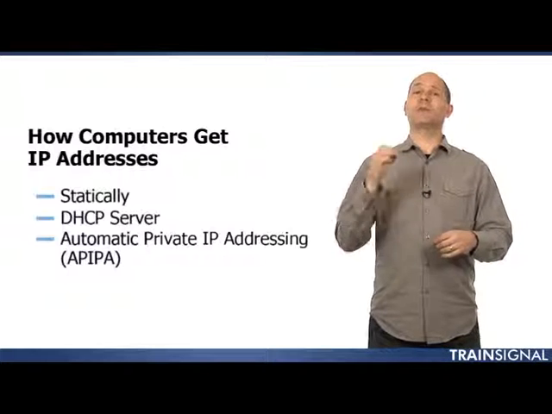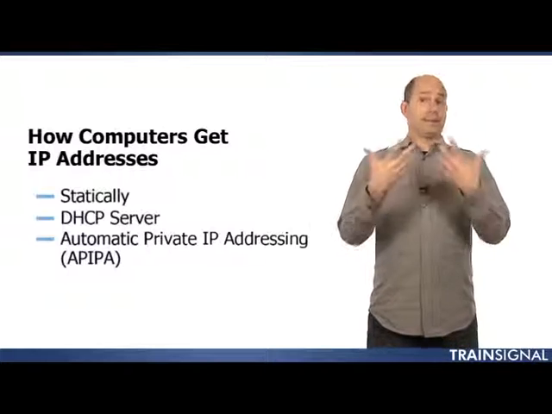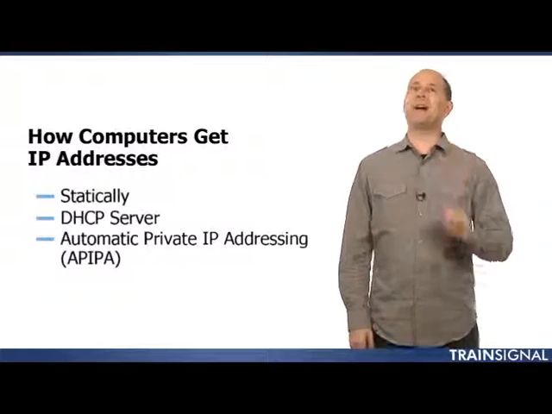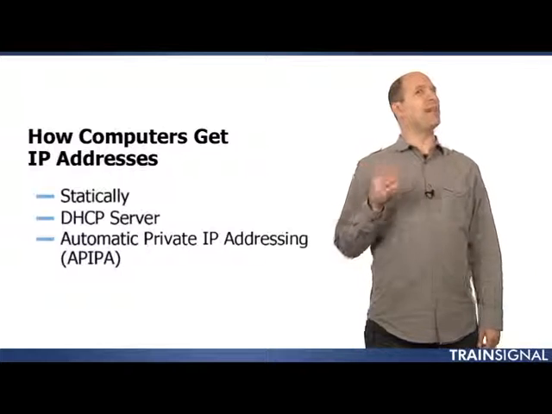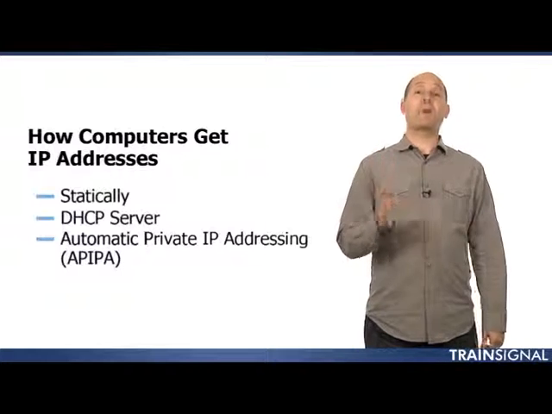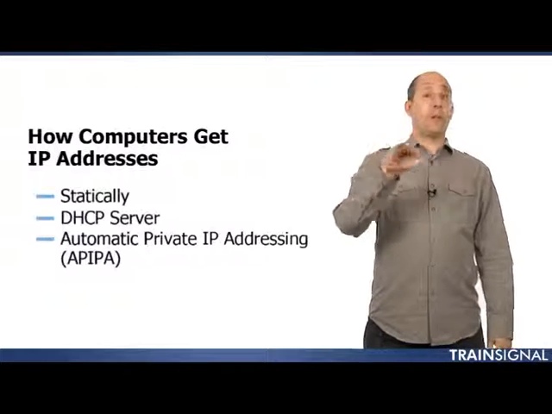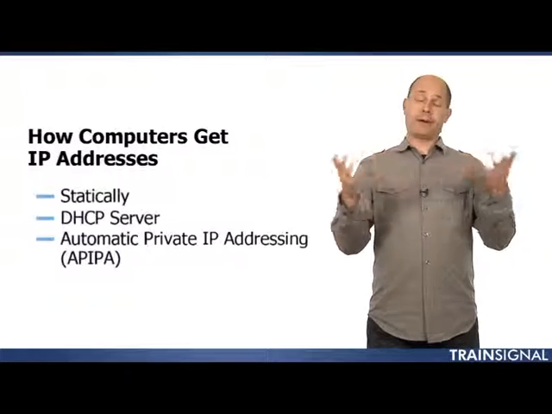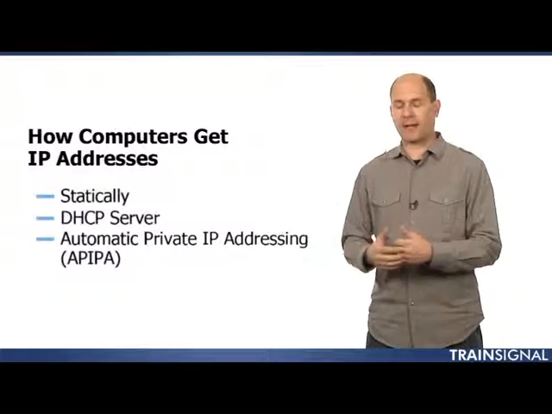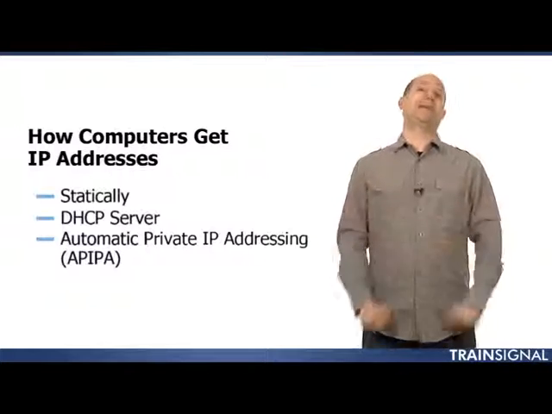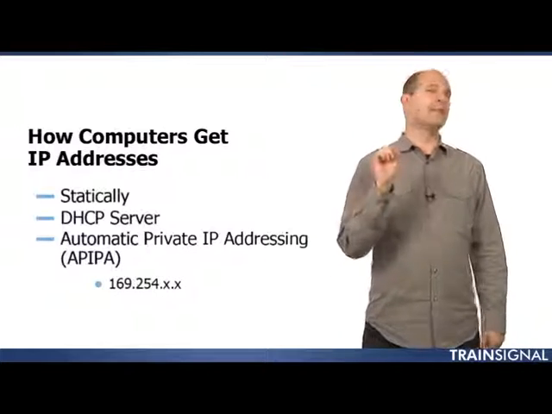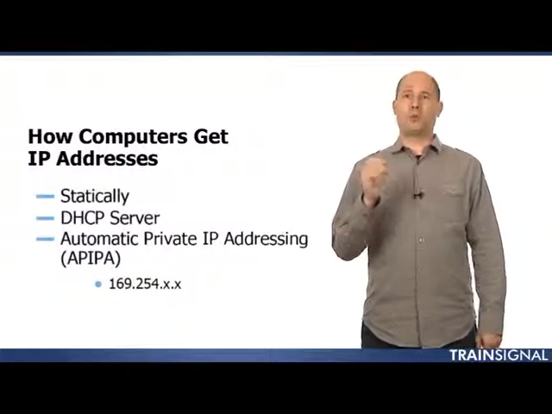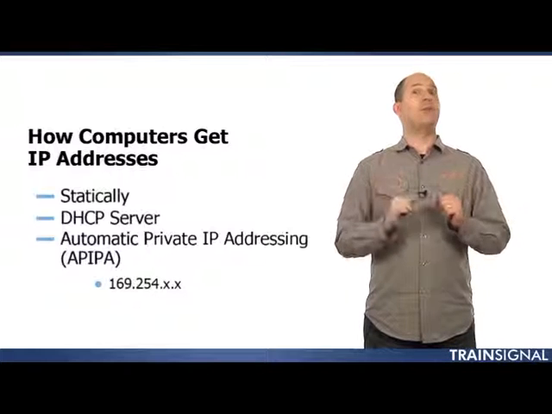And where this comes into play is if you have a computer that has been determined to get its IP address automatically, but there's not a DHCP server available to give that IP address, then that computer will revert to APIPA, and this is a process where the computer will say, all right, well, I can't get an IP address, but I'm supposed to get one automatically, so I'm going to automatically give myself an IP address in the 169.254 range.